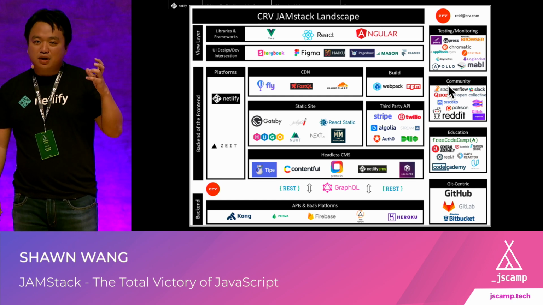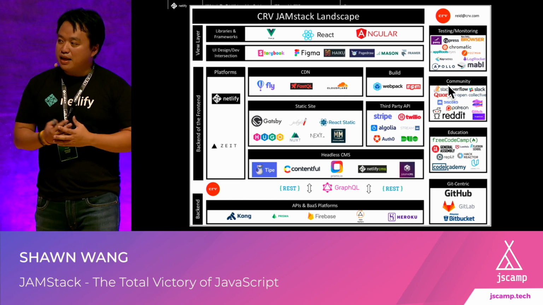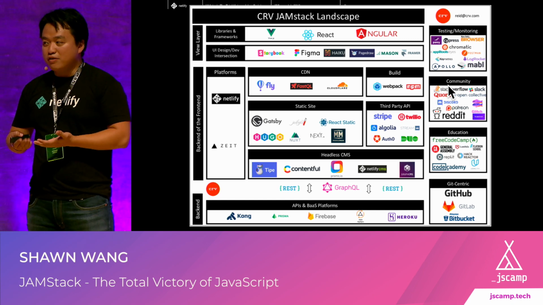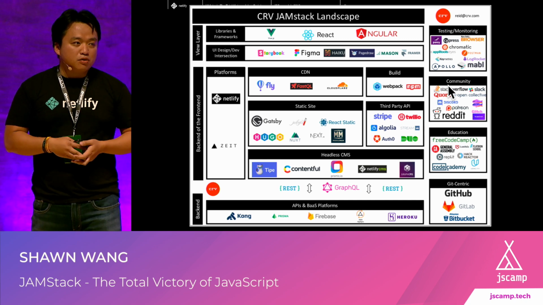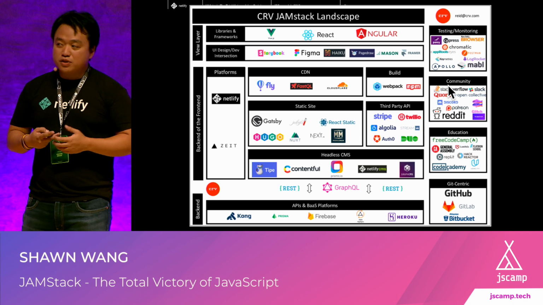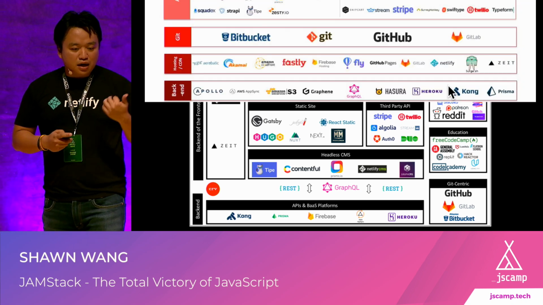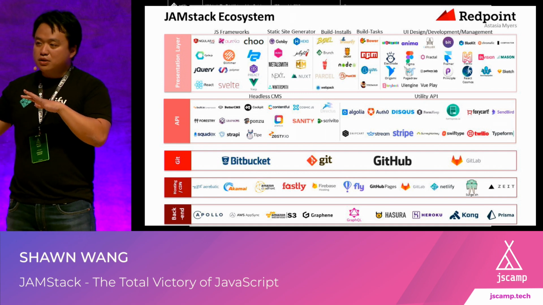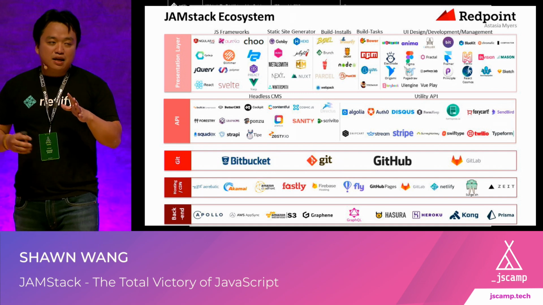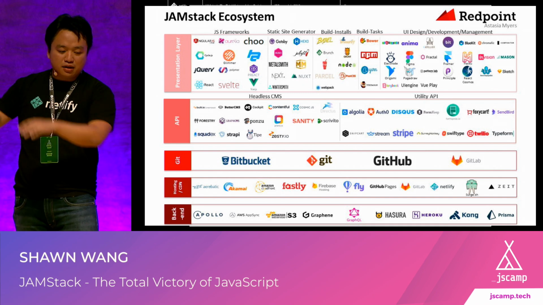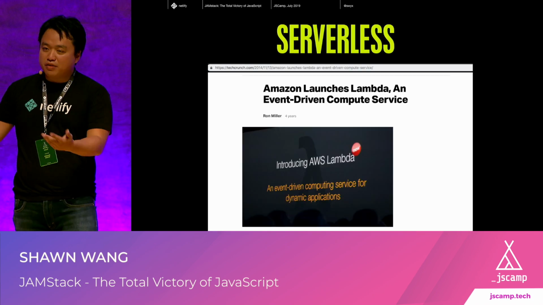If you see a hole in the overall JAMStack landscape, there's a good chance that there's a venture capital-backed business that you can found or a huge popular open source opportunity that you can pursue, because we're still in the very, very early days of this. This is CRV. Redpoint also has another chart, but all just generally giving you the idea that there's an ecosystem coming together, and I benefit just from being a part of that ecosystem.